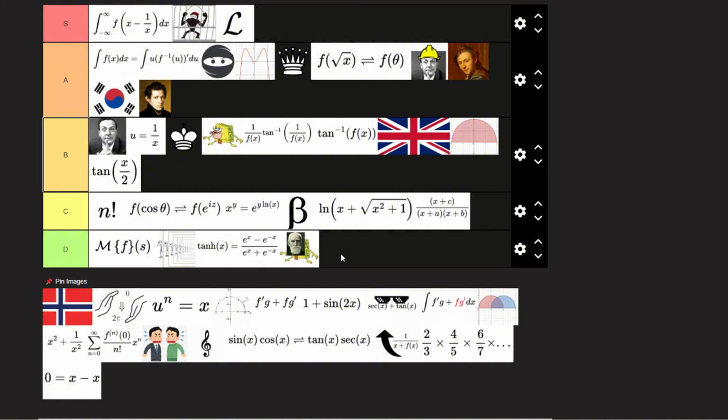Mellin transforms are only good for those types of things, in my experience. With other nastier integrals, you'll never come across that in an integration bee. So I'm sorry, but the Mellin transform is a lot cooler than any of these. It is a lot cooler, but it's not very satisfying. Okay.